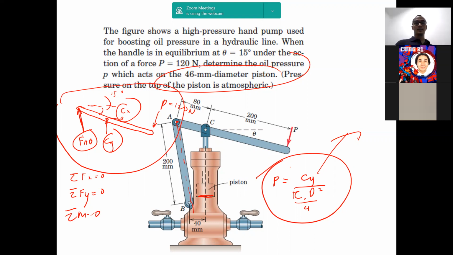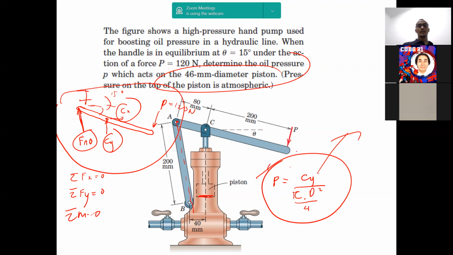Apakah ada pertanyaan di sini? Jadi intinya adalah kita mencari Cy dari diagram benda bebas pertama.